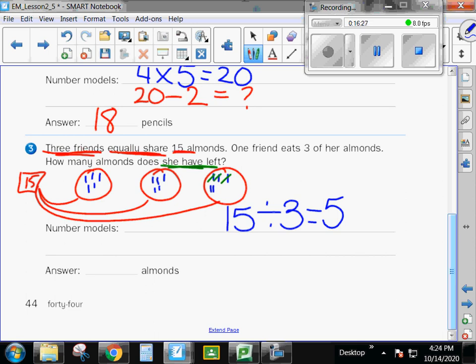Then the next step is one of those friends has her 5 almonds and she eats 3 of them. That's going to tell me my answer. How many almonds does she have left? 2 almonds.